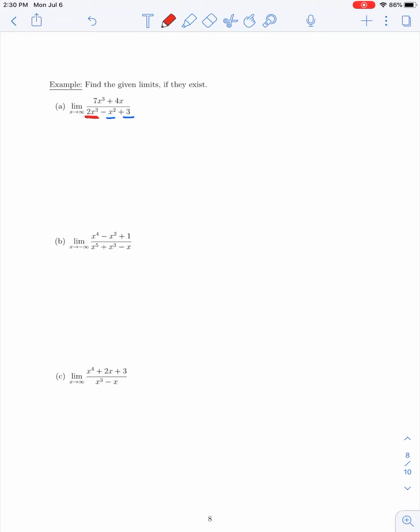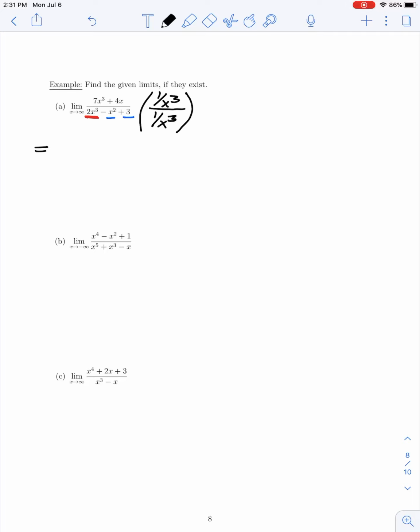Now the way that we're going to evaluate these limits is by multiplying the numerator and denominator of this rational function by the ratio 1 divided by that highest power of x that appeared, in this case x cubed. Or equivalently, we're dividing the numerator and denominator by x cubed, whatever the highest power of x is that appears in our denominator.